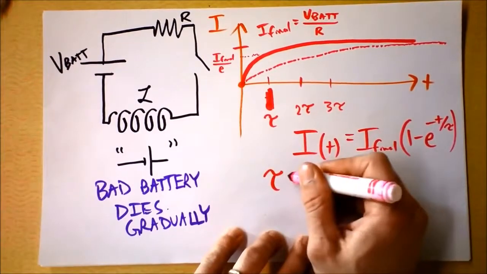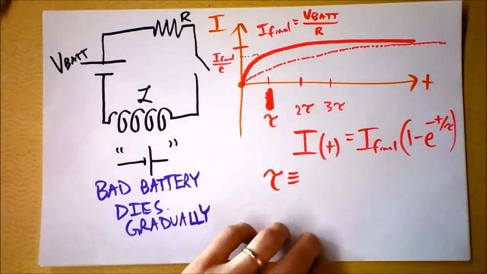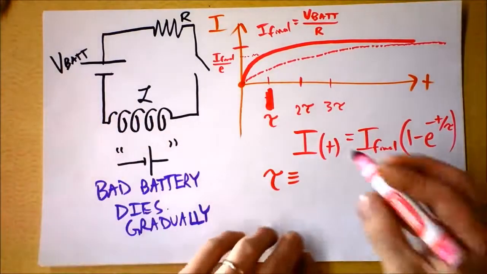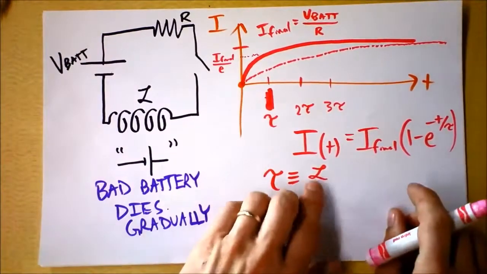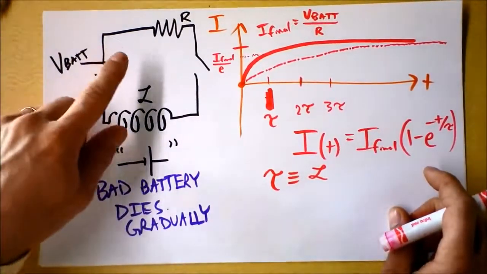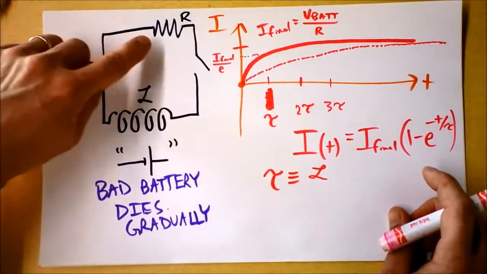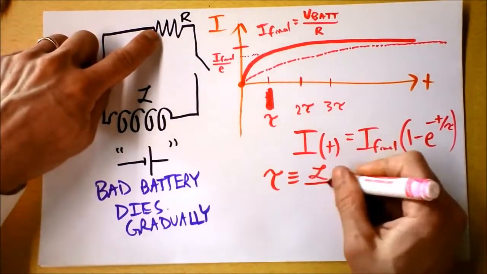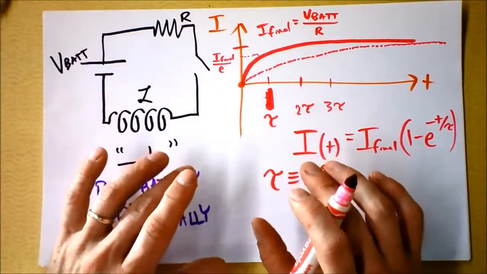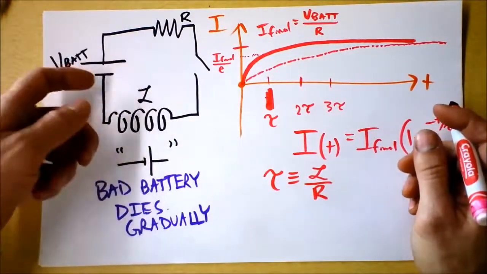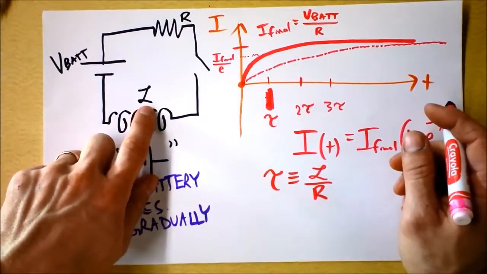And I'm going to define tau as, oh man, I suppose it will take longer if the inductor is better. So I think that tau has to depend linearly on the inductor. Now this is maybe a little bit counterintuitive. It will take longer if there's less resistance, because the resistance eases us into getting a current through the inductor.